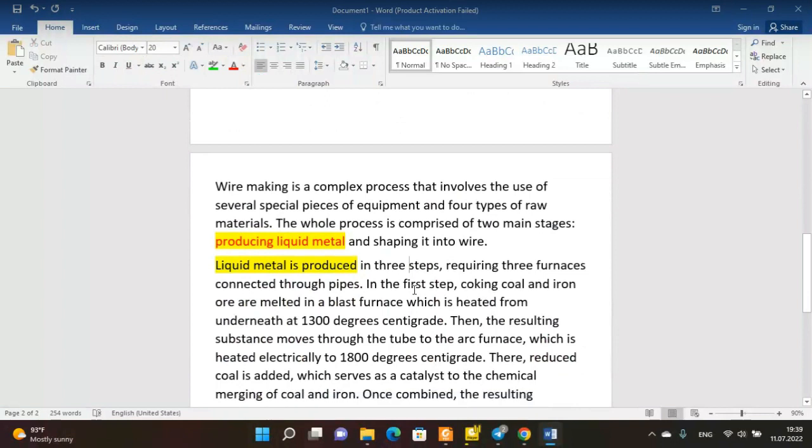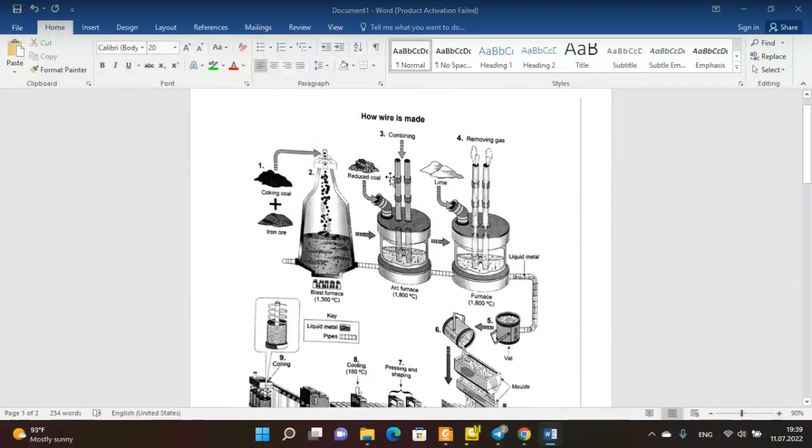Yeah, topic sentence here. In the first step, coking coal and iron ore are melted in a blast furnace. So you may notice that I'm basically skipping the part where you just mix it. Yes. So I'm just saying you just put it into the blast furnace.